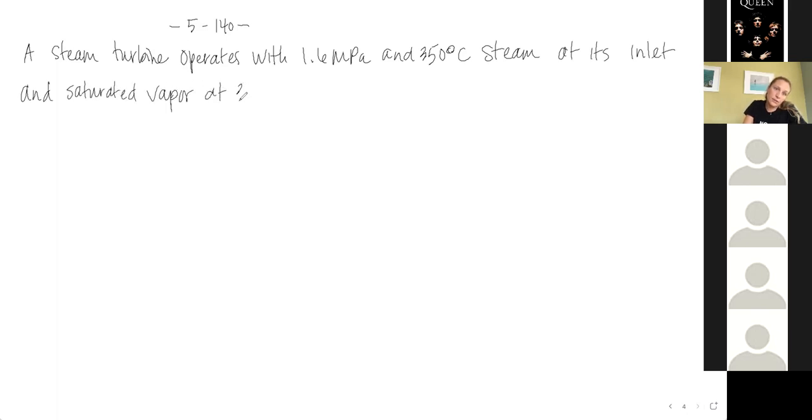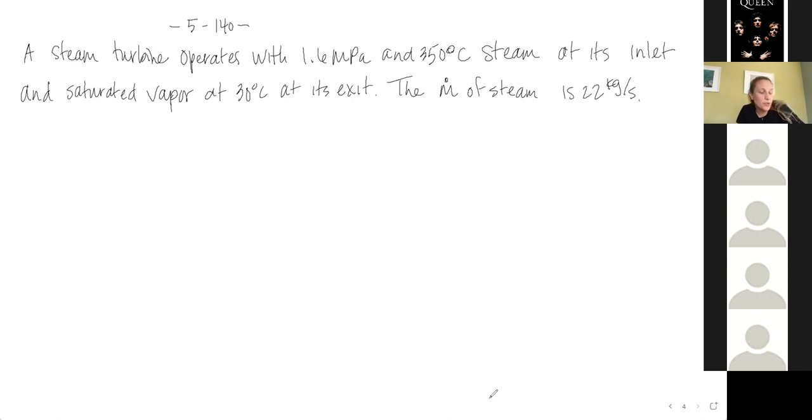The mass flow rate of steam is 22 kilograms per second.